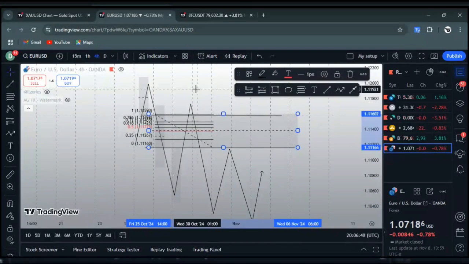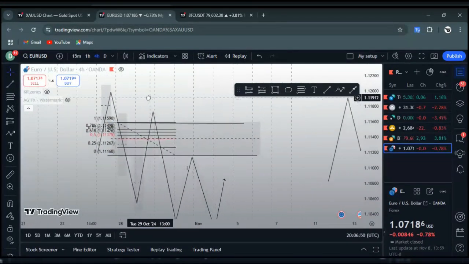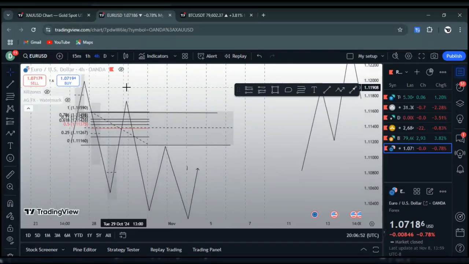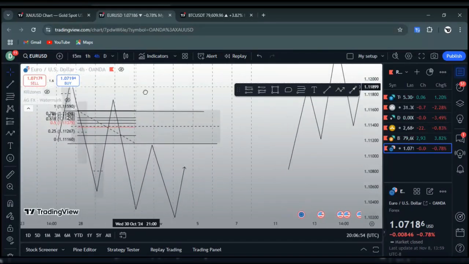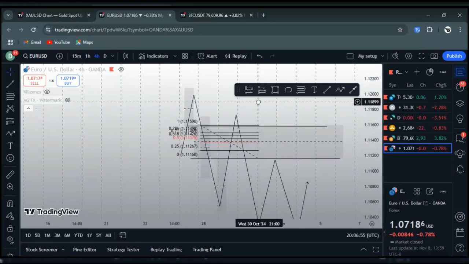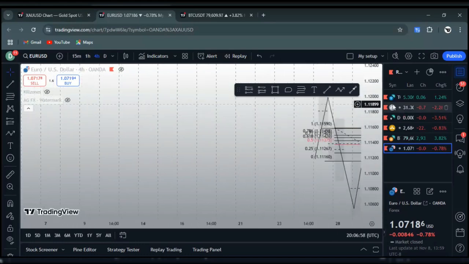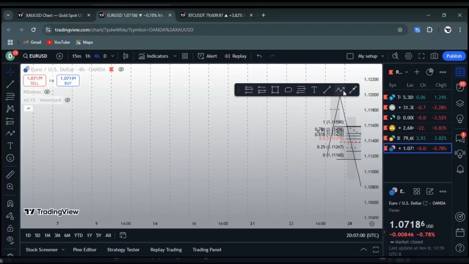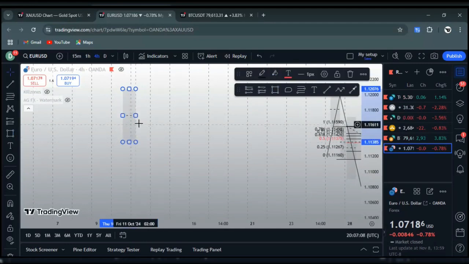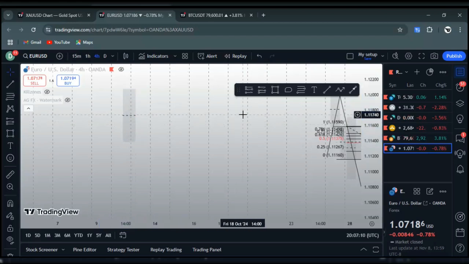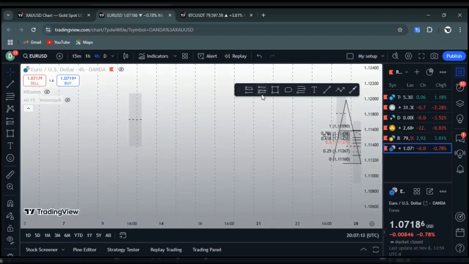So let's go to the next topic, which is breaker block. As we all know, I spoke last class about order blocks, and I even briefed us just now about order blocks, which is similar to engulfing, bullish engulfing or bearish engulfing.